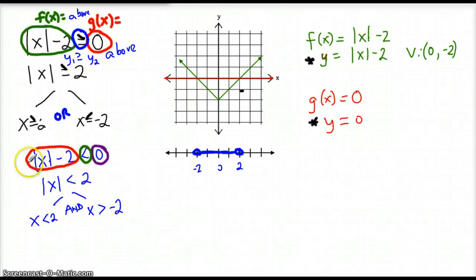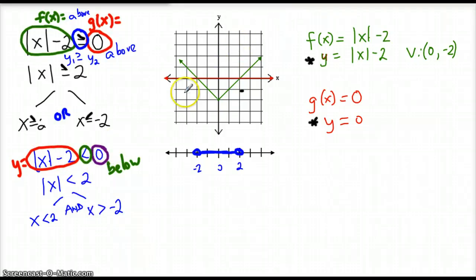So this function, y equals absolute value of x minus 2, is still this green V. And this less than will mean below, right? It'll mean below. Where is this function below this function?